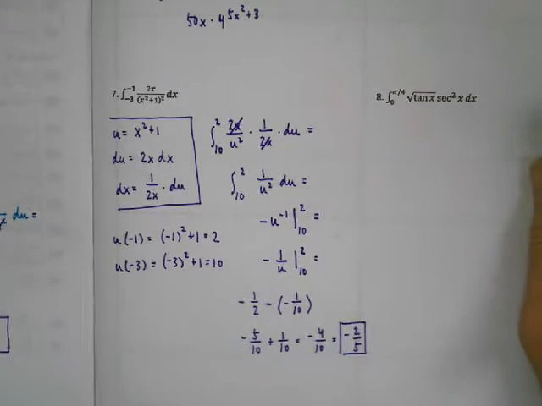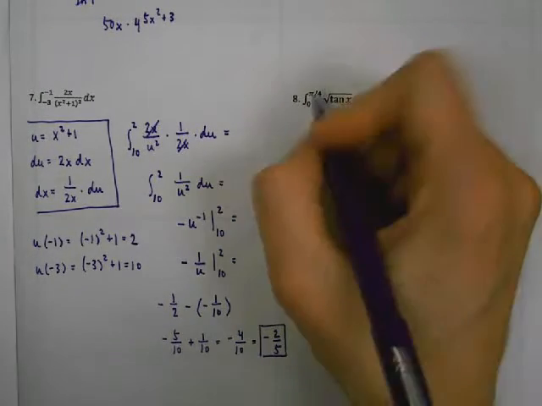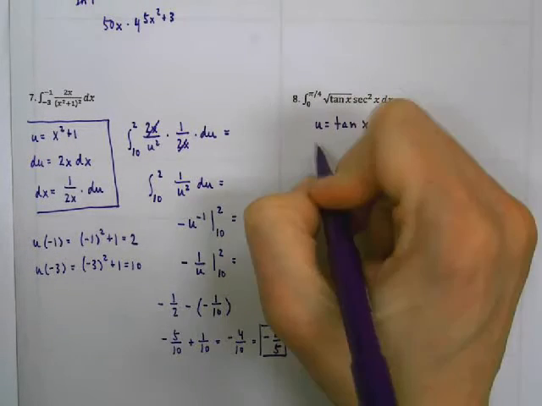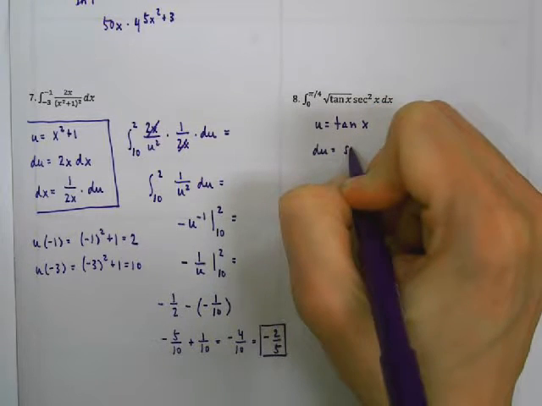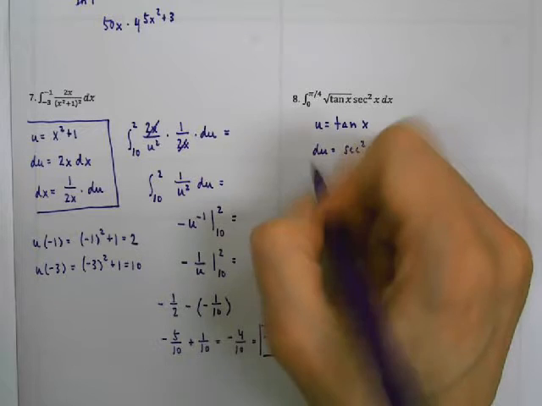All right, last but not least, here we go. I have a trig function under my square root, so that's my obvious choice for my u. Du, we differentiate it. Next, we solve for dx.